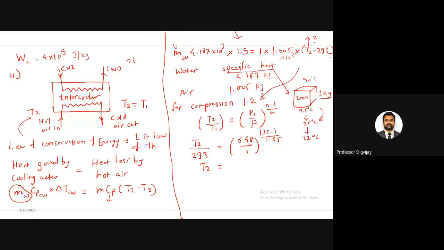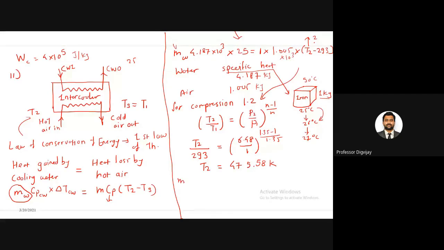So I have seen some answers here: 475, 475, 563. Prem Sawan, please recalculate and confirm. So the right answer here, T2 will be 475.586. I'll take 475.58 Kelvin, and I will put that into the equation.